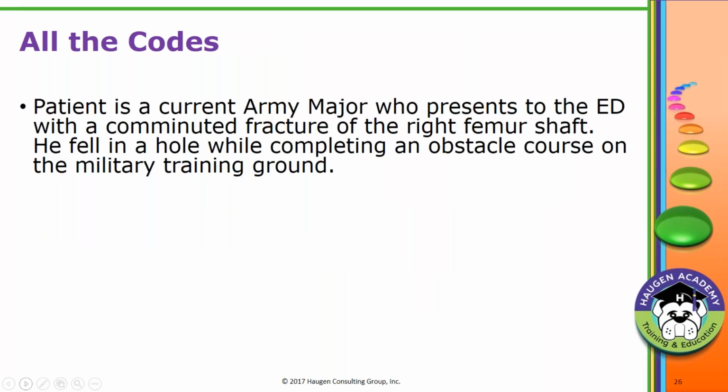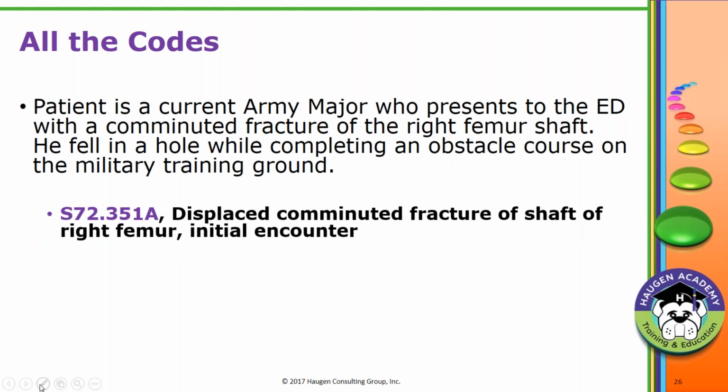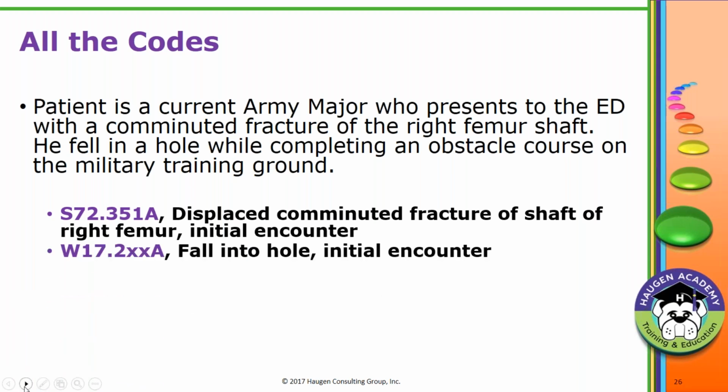Let's take a look at an example here. We have a patient who is a current Army major who presents to the emergency department with a comminuted fracture of the right femur shaft. He fell in a hole while completing the obstacle course on military training ground. So you can see here, I'm going to bring up some of our codes.